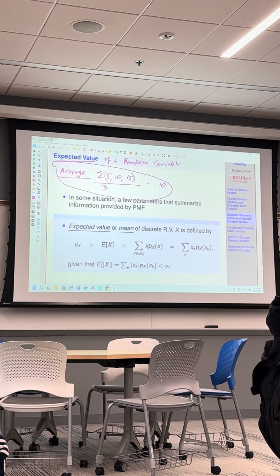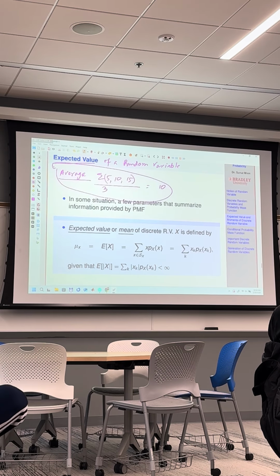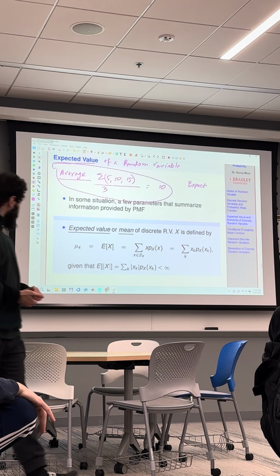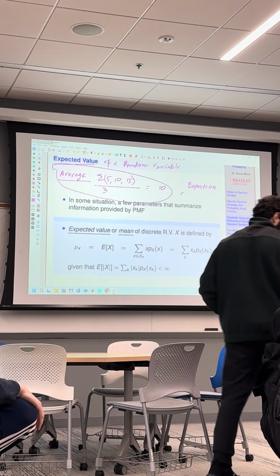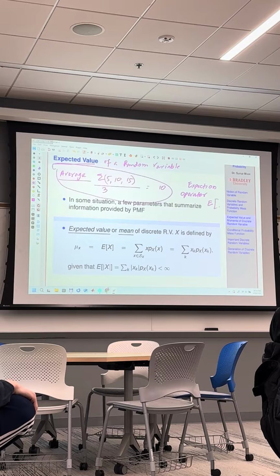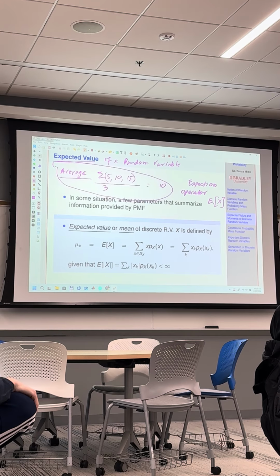And what is expected value? That relies on the expectation operator. The operator that is applied to determine the expected value is called expectation. It is denoted with E, the expectation of a random variable.